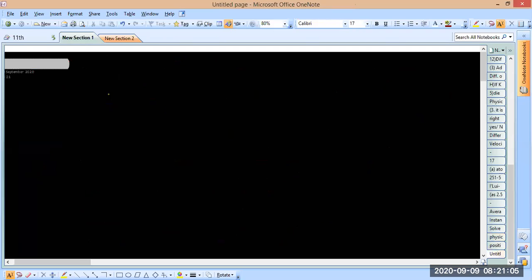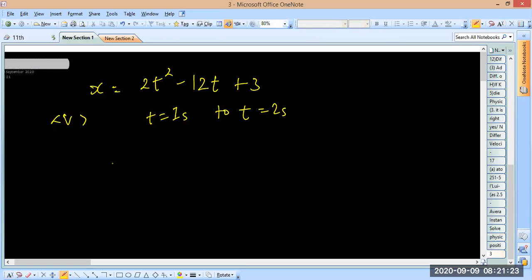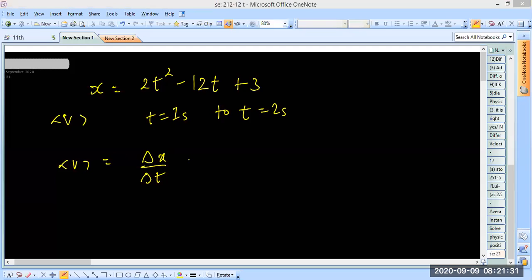All right, so we have x equal to 2t square minus 12t plus 3, and we want to find out the average velocity for t equal to 1 second to t equal to 2 seconds. All right, let's start. So first of all, the formula of average velocity is nothing but delta x by delta t, right?